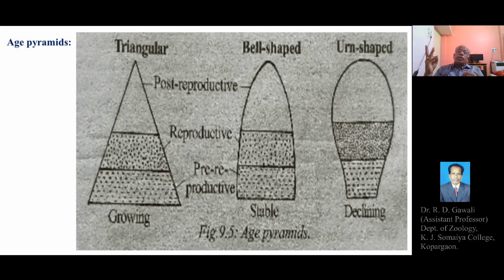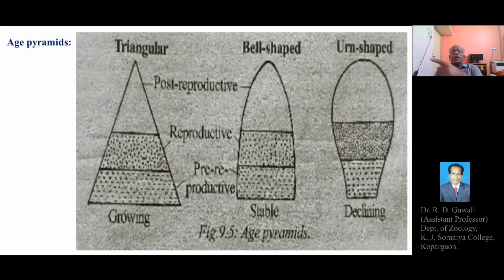So the first two age groups will have 20 and 30% of the individuals in a population, and the remaining 50% of the population is post-reproductive, the individuals of the old stage, and that's why the urn-shaped age pyramid indicates the population is declining. So this is about the age pyramids.